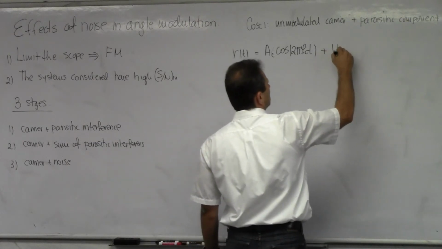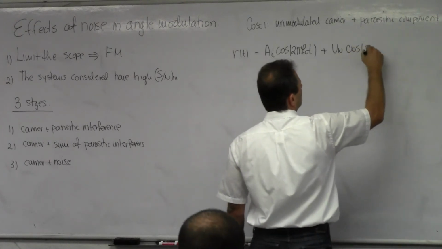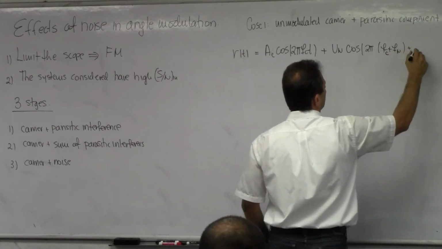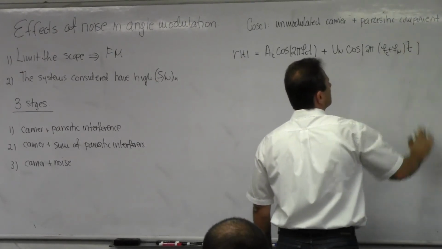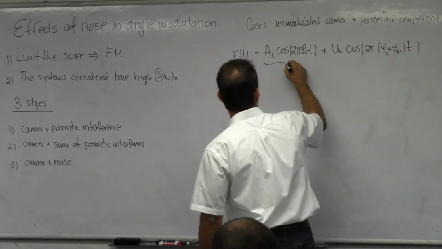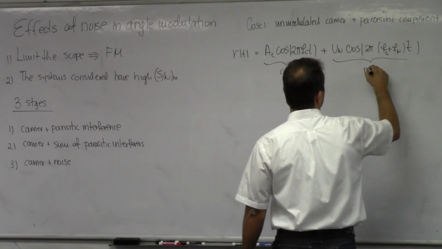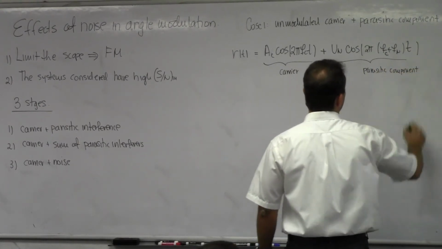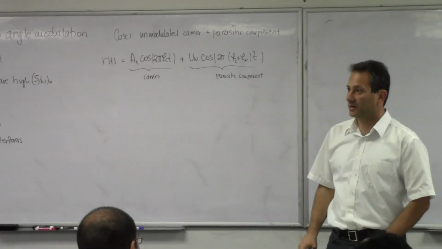And I'm going to add to this a component that has a magnitude A_N, cosine 2 pi (f_C plus f_N) t, and do I add the phase? No, just keep it. Right? So that's my parasitic component. I have a carrier, and this is the parasitic component, which has this offset of f_N. This is how far it is from the carrier, right?